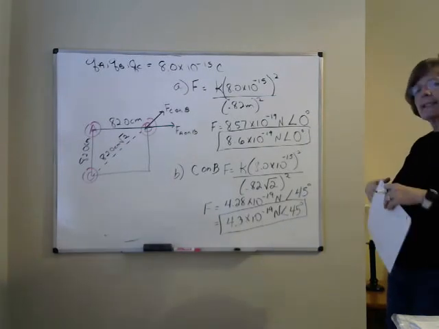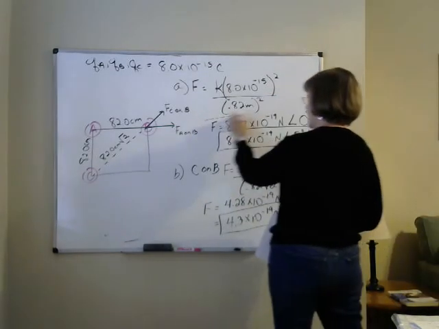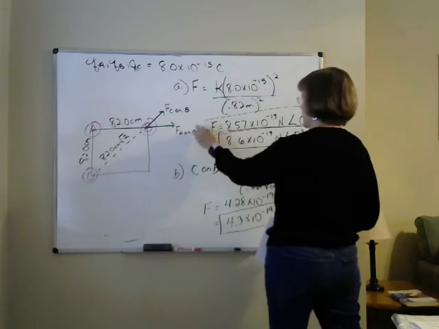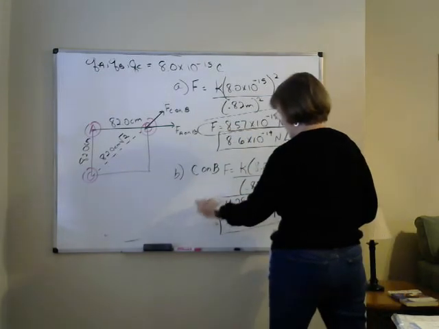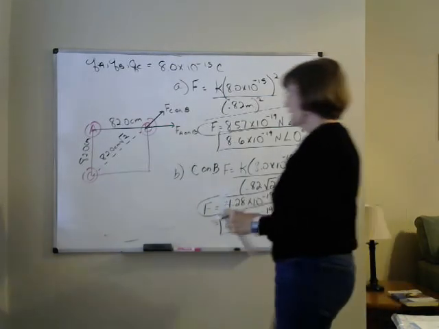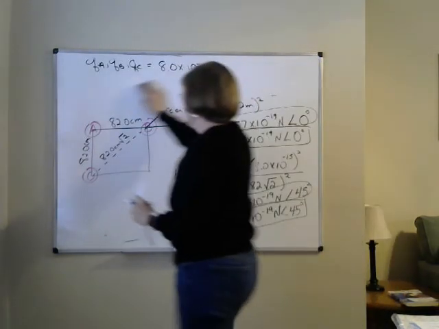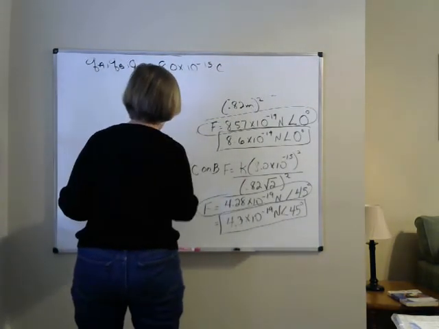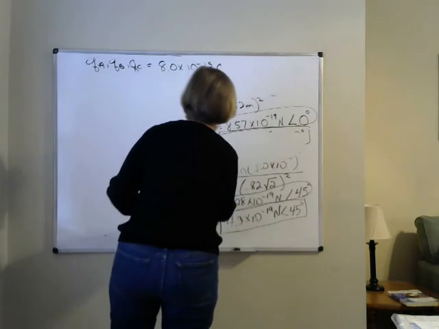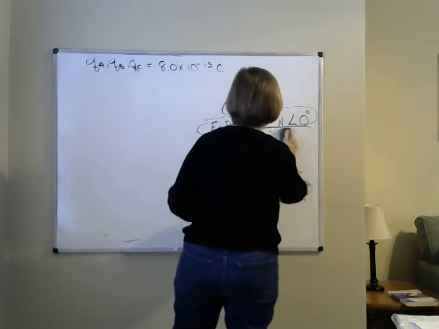The answer to C is simply the vector sum of this and this. Let's do the vector sum of those two quantities. I'm going to erase my picture so I have some room to work on that. All right.